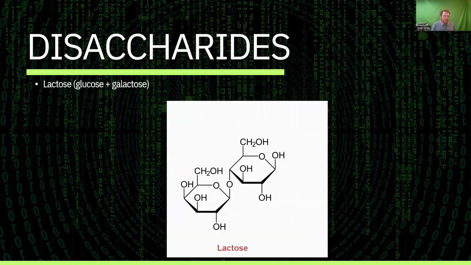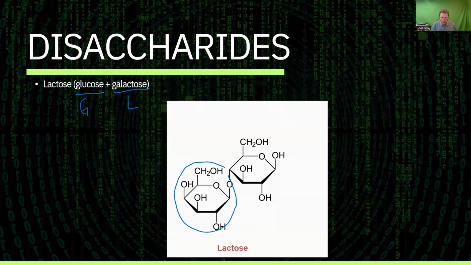Next up is lactose, which is a disaccharide made up of glucose and galactose. I'm going to say G and L. I'm going to circle a sugar. Tell me, is this an alpha or beta? And is it glucose or galactose? First, tell me if it's an alpha or beta, the sugar that I've circled there.